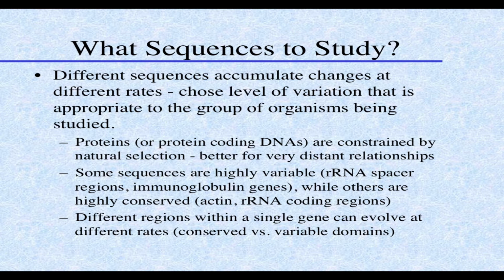So a concatenation of 3 or 5 or 10 sequences is probably going to give you a more accurate average tree that more accurately reflects the evolutionary history of the organisms rather than just the evolutionary history of that one gene.